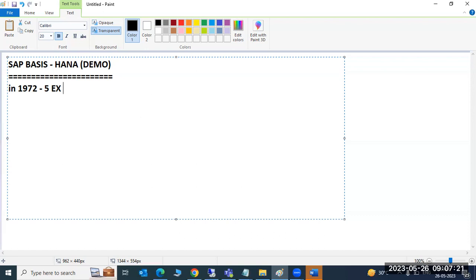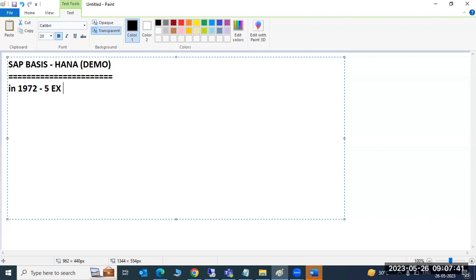SAP is a German multinational software company based in Walldorf. In 1972, for their business situations, they developed this.